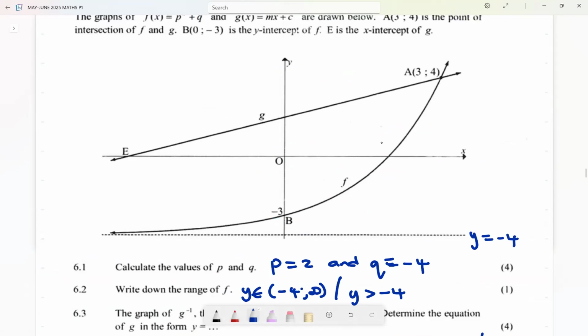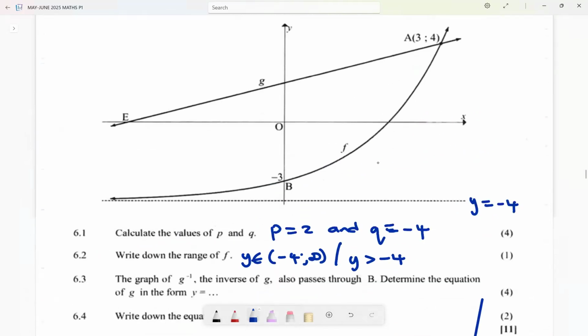If G is a straight line, I don't know how to draw it, but I'm told that it will have an equation that passes through that. So let me just do this. If it passes through this line, it is also a straight line. An inverse of a straight line is a straight line, guys. So okay, fine. Then what?